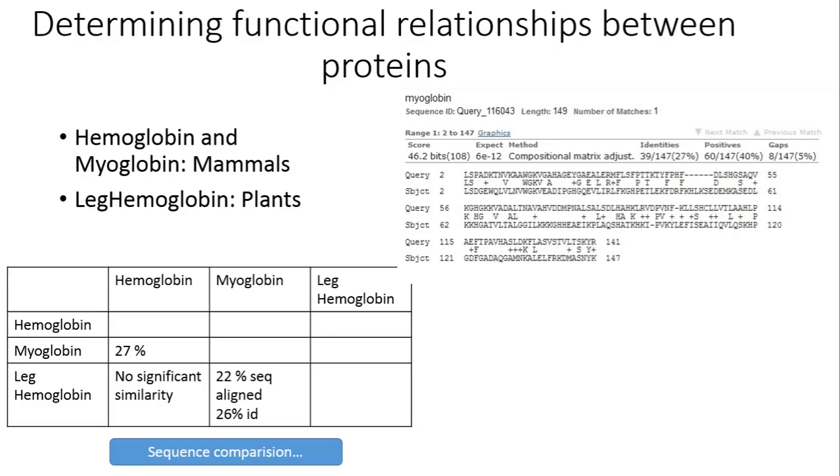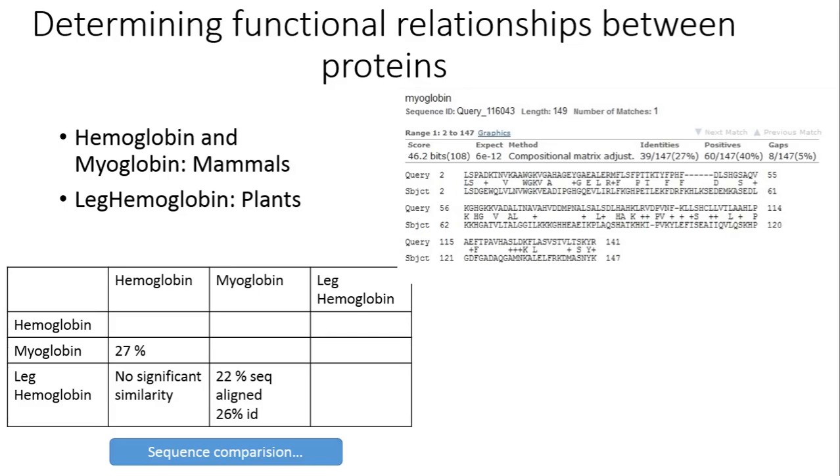If you compare the sequences, they were found to be very divergent. You cannot say based on only sequence similarity results that these proteins might be related. You might have heard people saying that if two protein sequences or two gene sequences show at least 30% similarity, you can call them similar to each other.